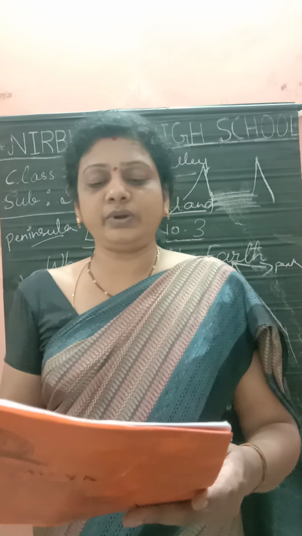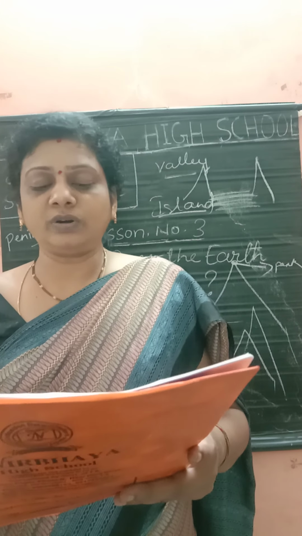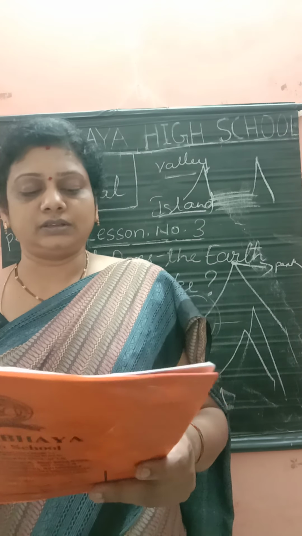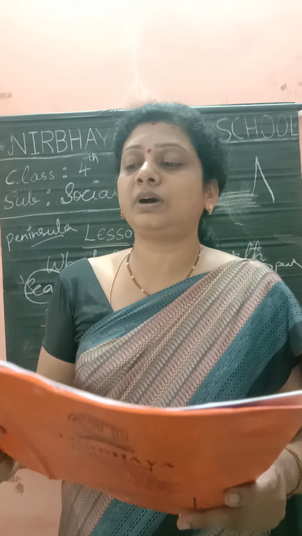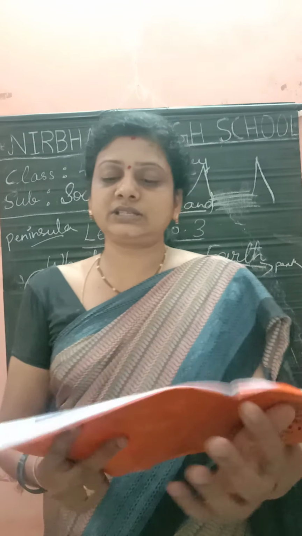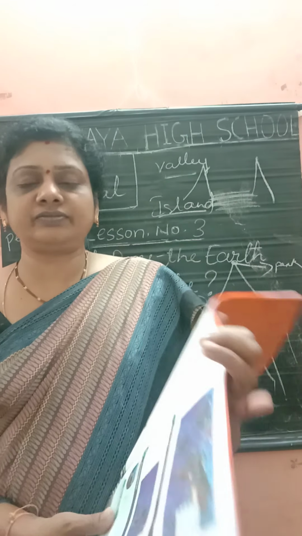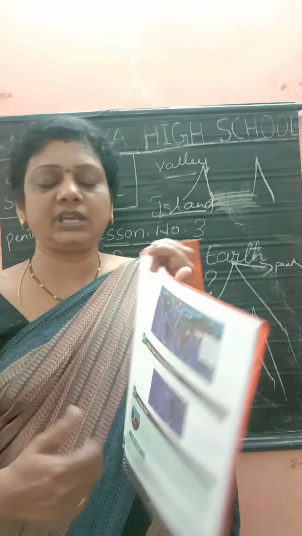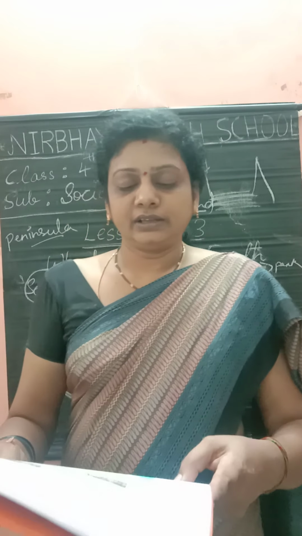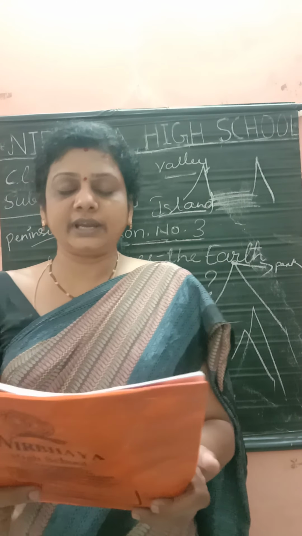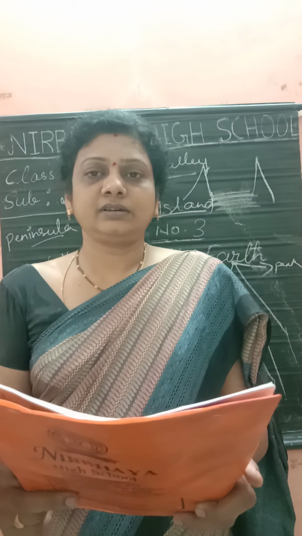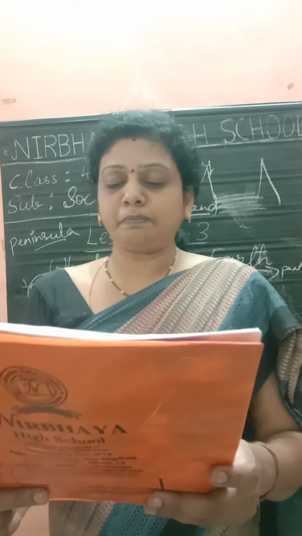Here are a few exciting facts about the physical features of the earth. The Western Siberian plains are the largest plains in the world. And the largest plateau in the world is the Tibetan Plateau.